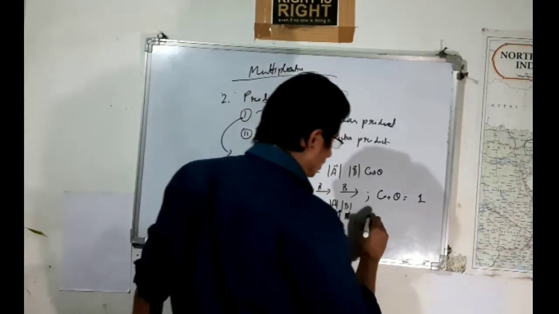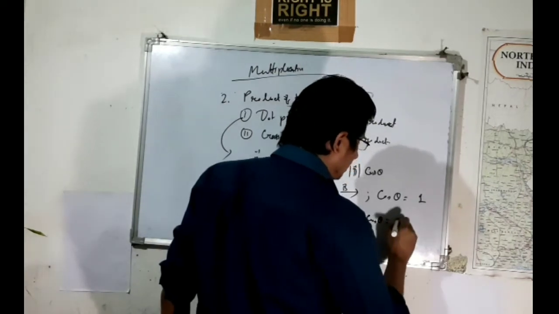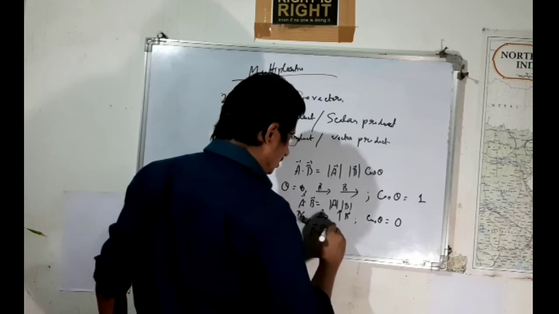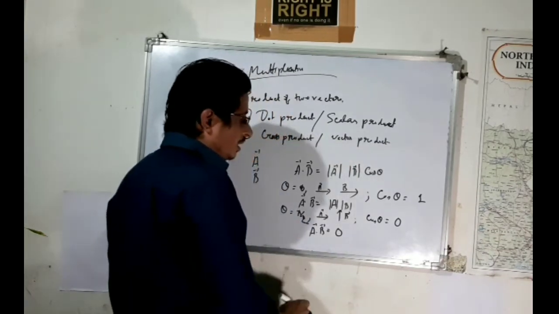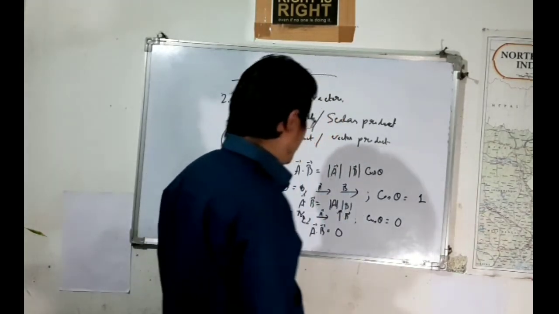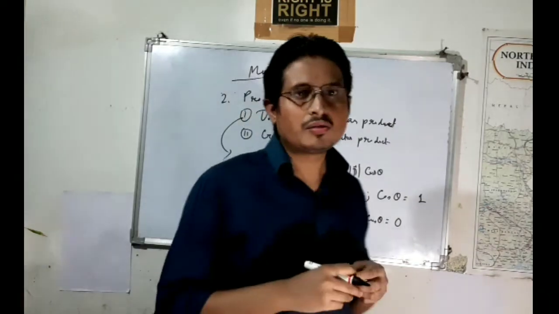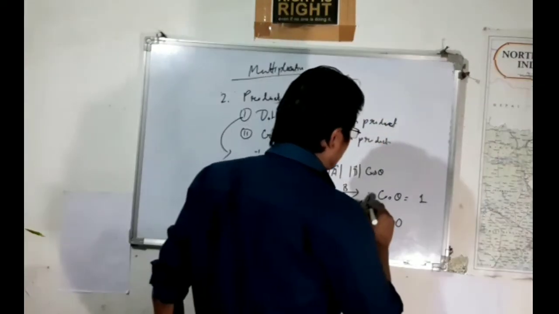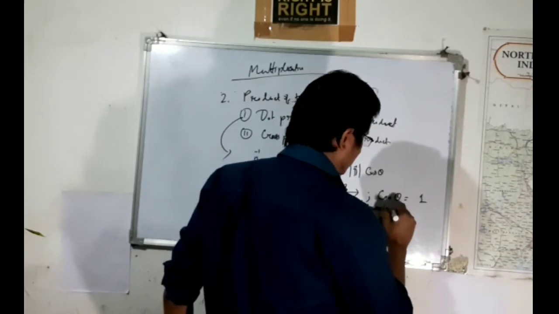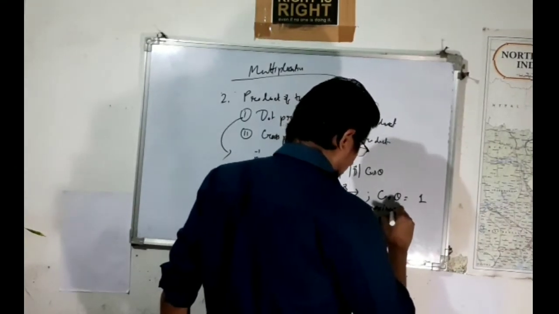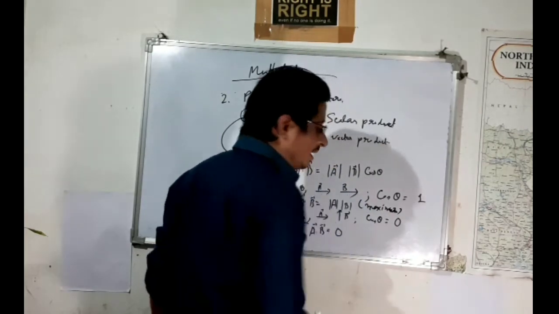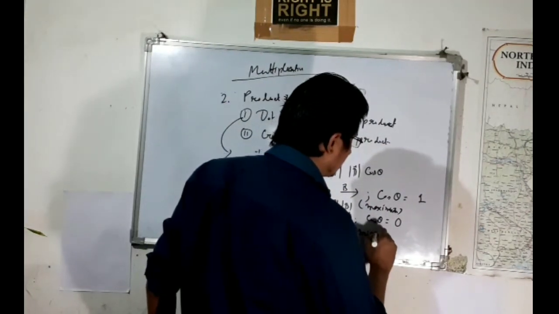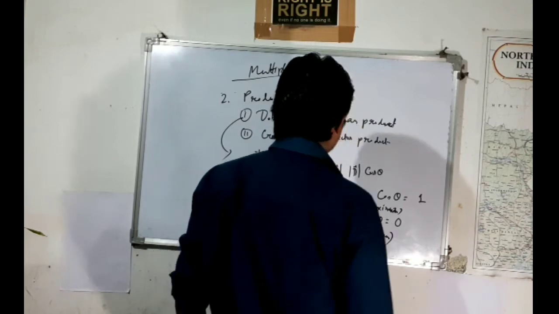In this case, cos theta is equal to 0 and A dot B equals 0. It means that when the vectors are collinear or parallel to each other, their dot product is maximum. And when they are perpendicular to each other, their product is minimum.